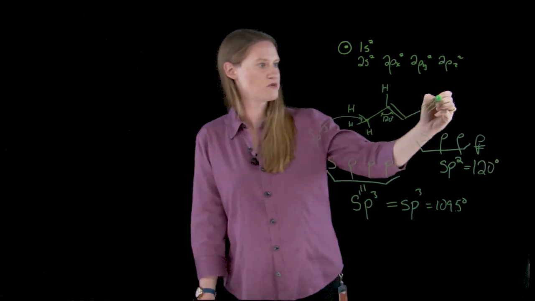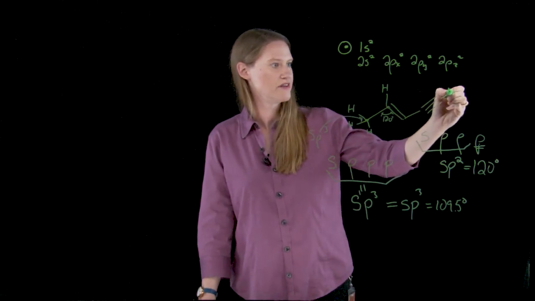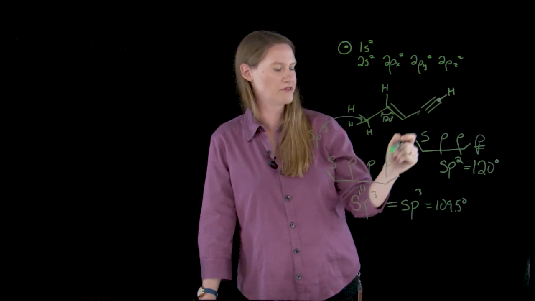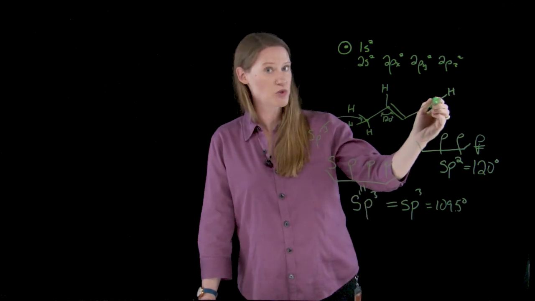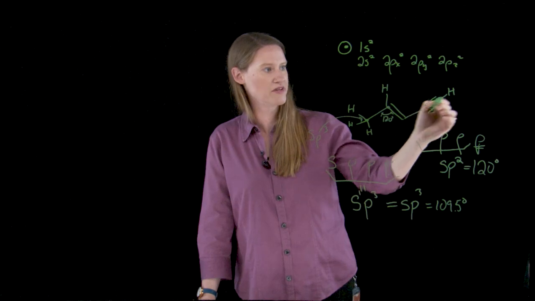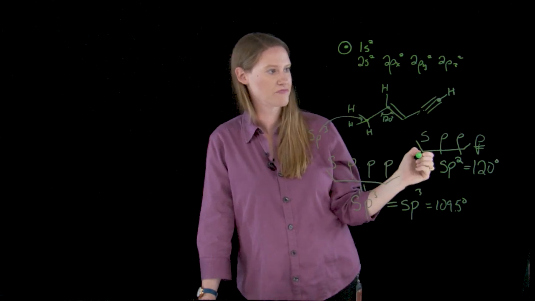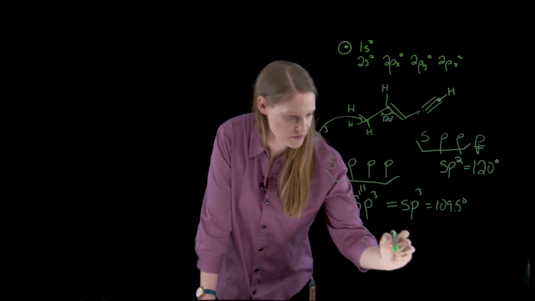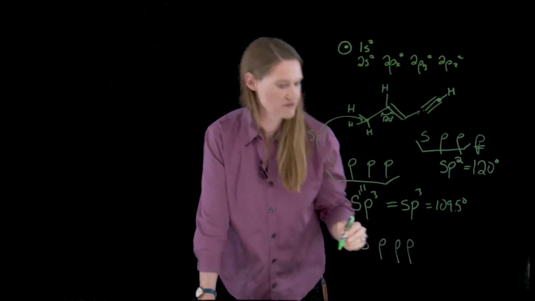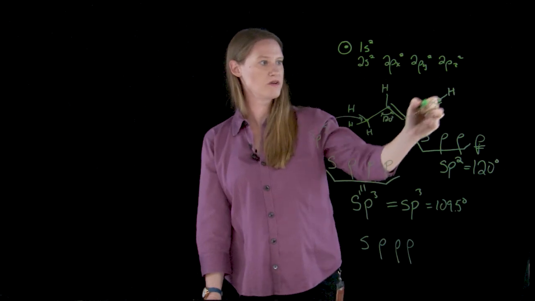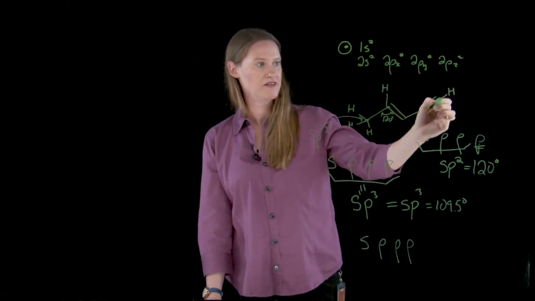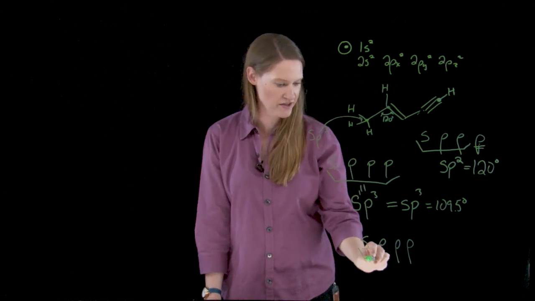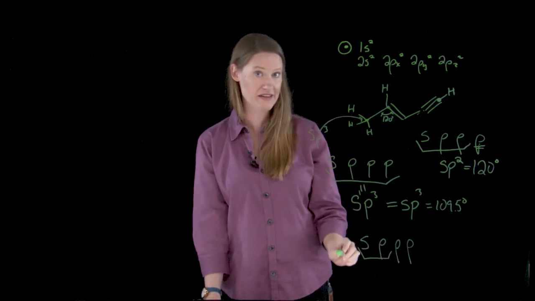The last one I'm going to show you on this example is this carbon. These 2 are the same, but we'll just use that one. This carbon has 2 things bound to it, a carbon and a hydrogen. It also has 1 s and 3 p orbitals. It's making 2 bonds, 2 different things are attached, and so it's going to hybridize 1 s and 1 p.